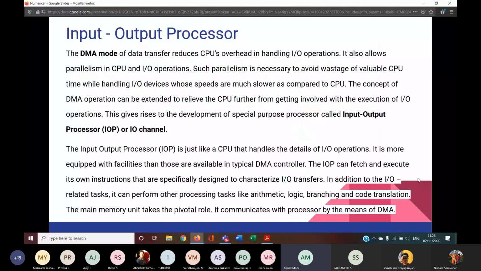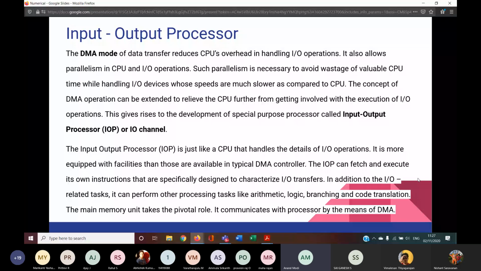Next slide. Yeah, so an important topic is the input-output processor. The DMA mode of data transfer reduces the CPU's overhead in handling operations. It also allows parallelism. Such parallelism is necessary to avoid wastage of valuable CPU time while handling input-output devices whose speeds are much lower compared to the CPU. The concept of DMA operation can be extended to relieve the CPU from extensive involvement in the execution of input-output operations.